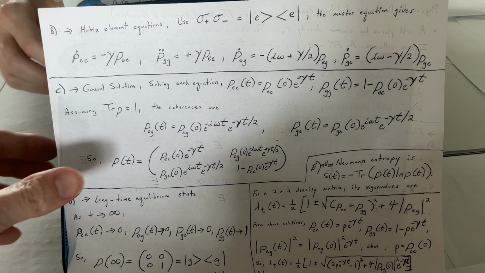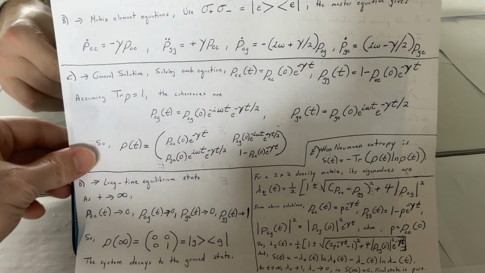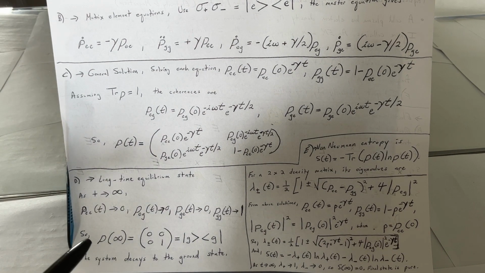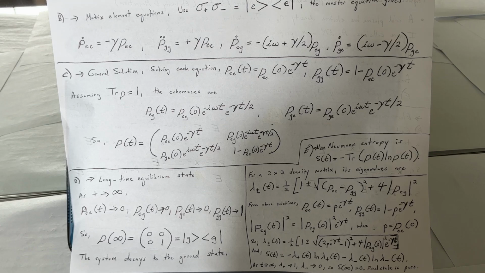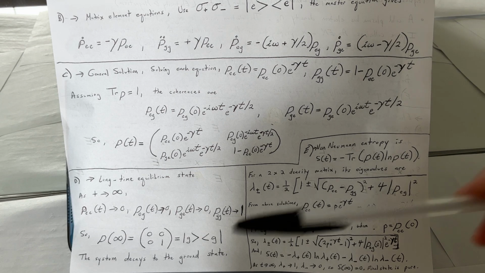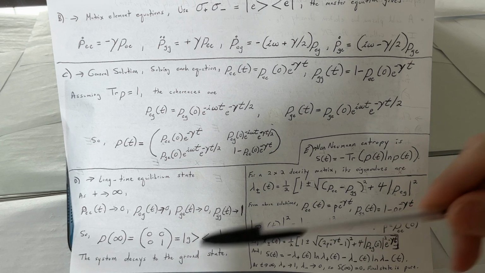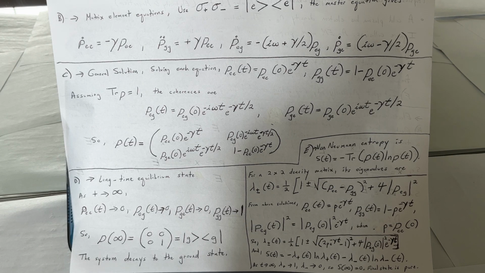So what we could say here is rho of infinity equals this matrix, first row 0, 0, second row 0, 1. And that equals ket G and then bra G. And the system decays to the ground state.